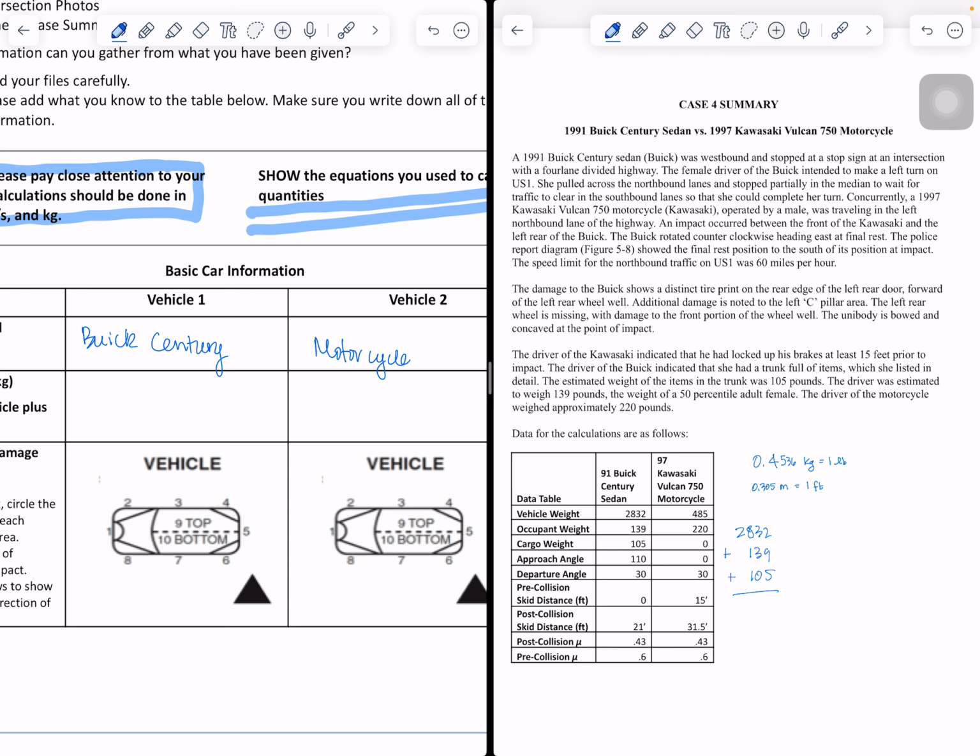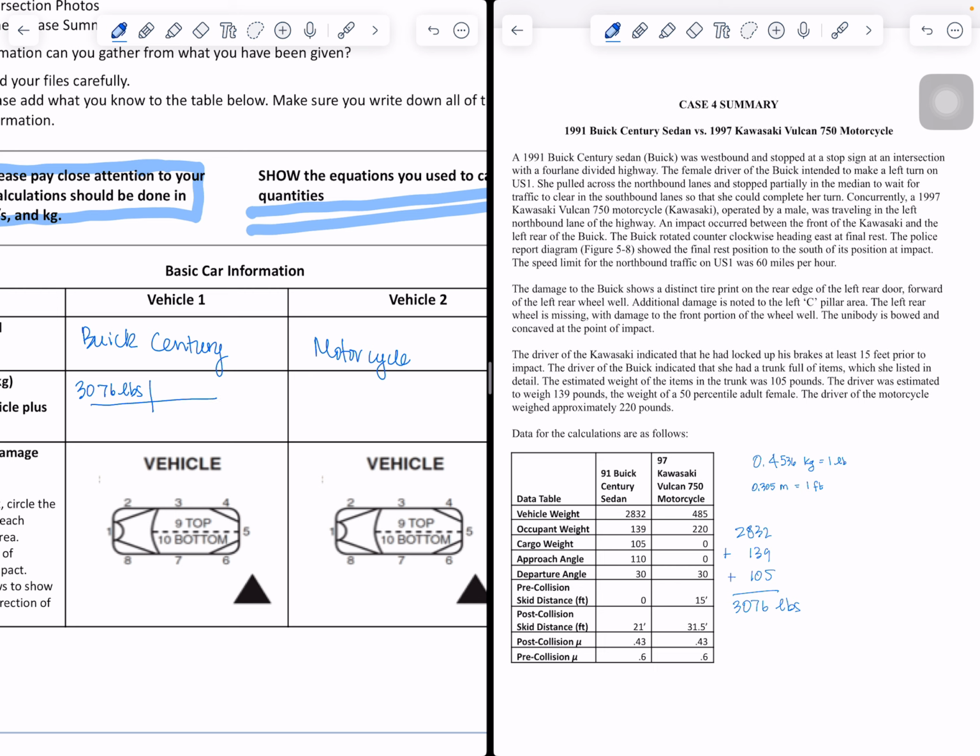That gives me 3,076 pounds. So in my table, I'm going to write 3,076 pounds. And then my conversion, I have given you, it's right there. But again, I need to show this conversion in my table.